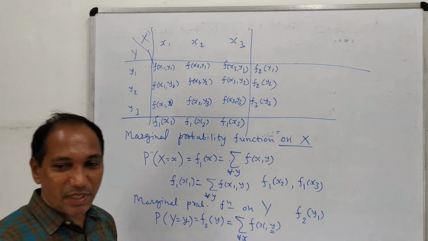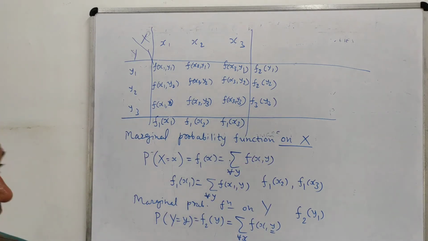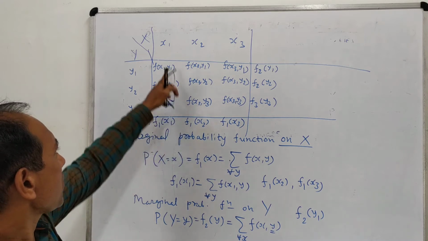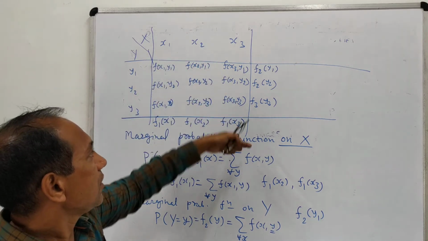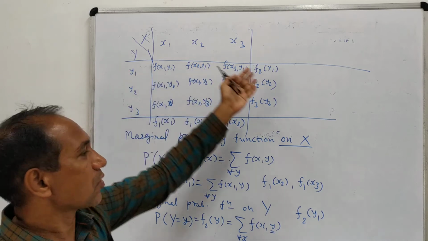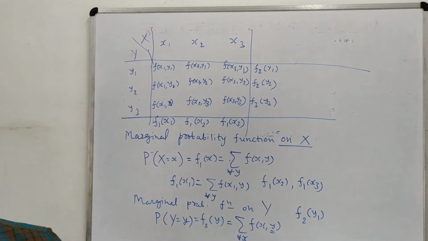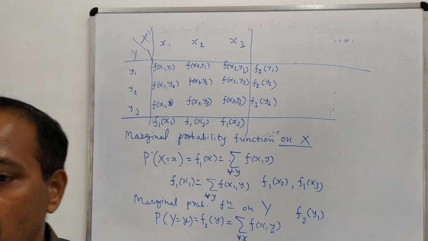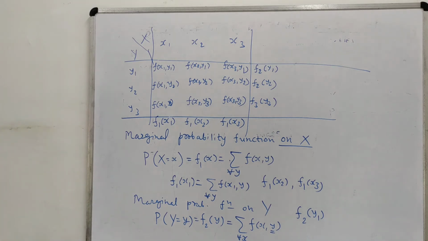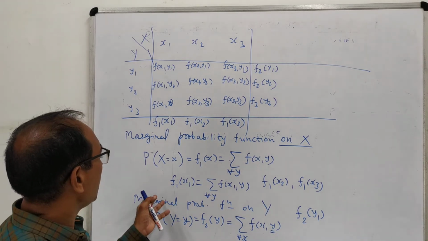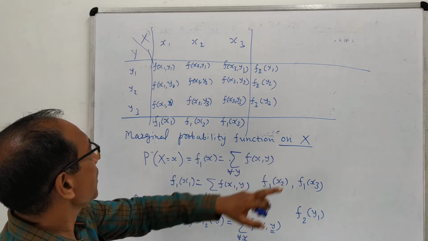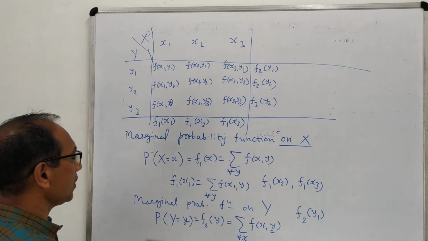You can find them separately, or if you have the table, you can find the marginal probabilities by directly adding the column elements and row elements. So this is the concept of the marginal probability function on x and the marginal probability function on y.